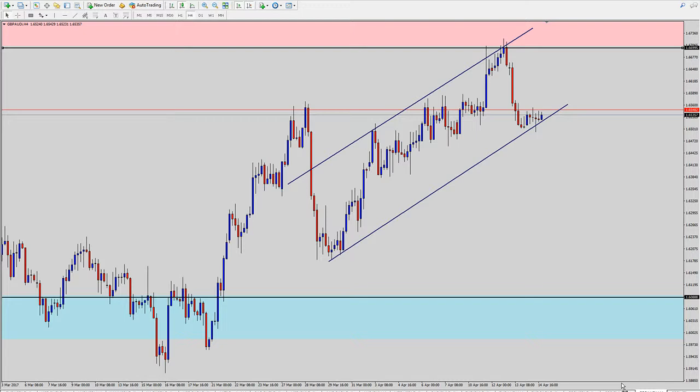Next up we have British Pound AUD, and we're on a 4-hour chart. What we're looking for, as you see right here, it came down to this trend line, and we have a nice consolidation in this area. So what we're looking for is a breakout in this area for bullish evidence and a continuation up to the upside.